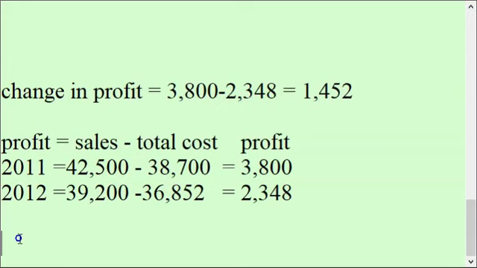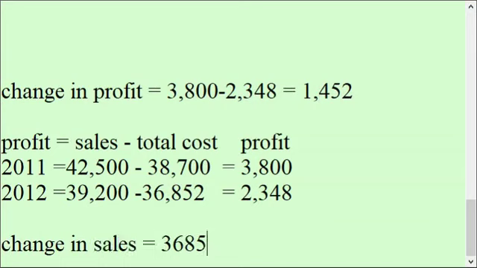So here, change in sales is equal to, here only I will calculate. Change in sales is equal to 39,200 minus 36,852. Okay, so 39,200 minus 36,852, that will give an answer of how much? 3,300.